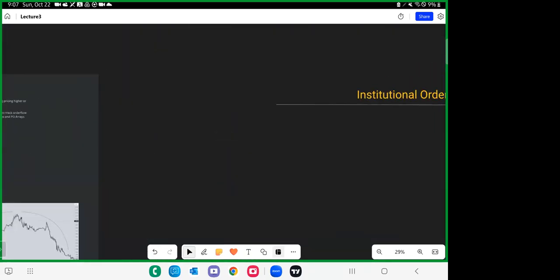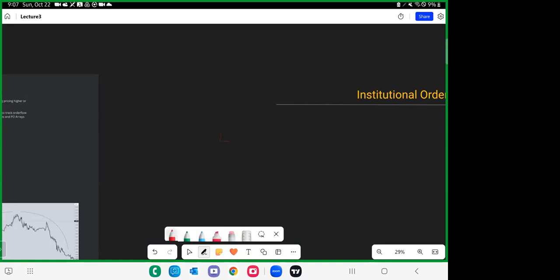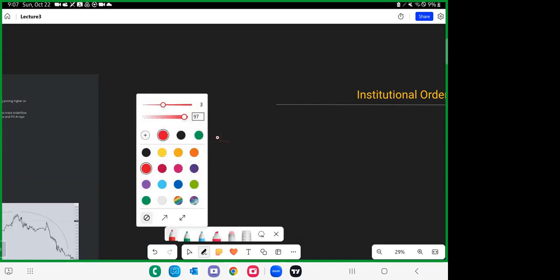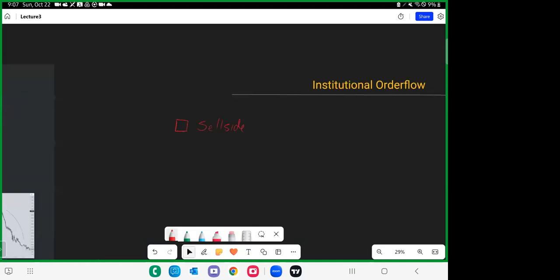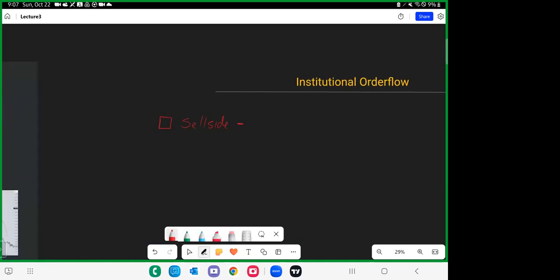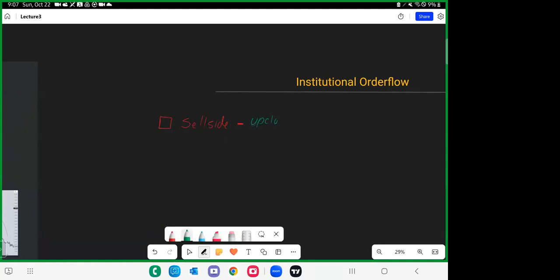Now, what's important about that sell side or that buy side of a curve? All right. So the key point is that when we're speaking about the sell side of a curve, all right, this is where up close candles, right, will support price.